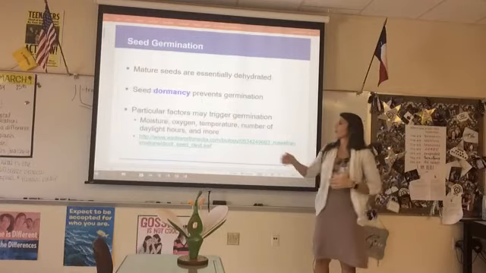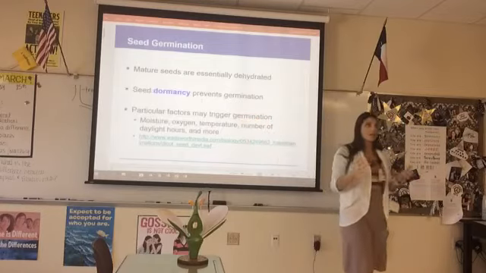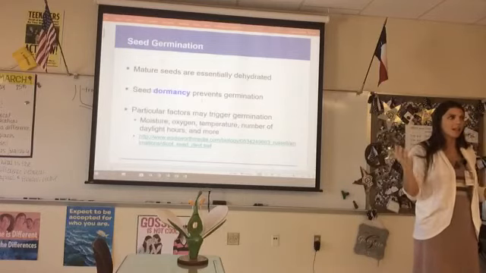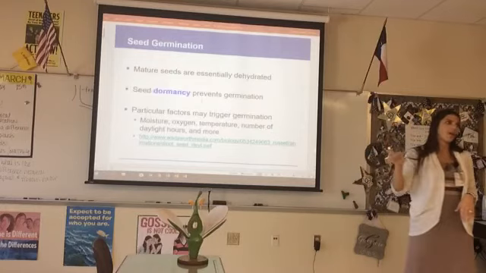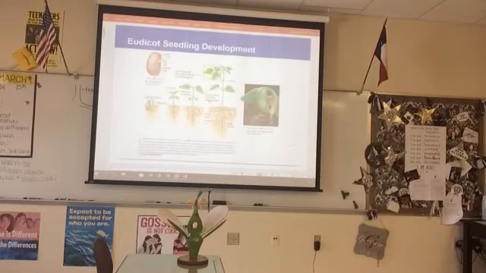So it mentions the fact that particular seeds may have different triggering factors, things that trigger its germination. It could be moisture, it could be sunlight, it could be temperature, it could be many things. But you know that that seed is waiting for its own favorable conditions before germinating. At this point, favorable conditions can't be the wrong answer. If you see that, that's what it is. You should be pretty confident in that response.